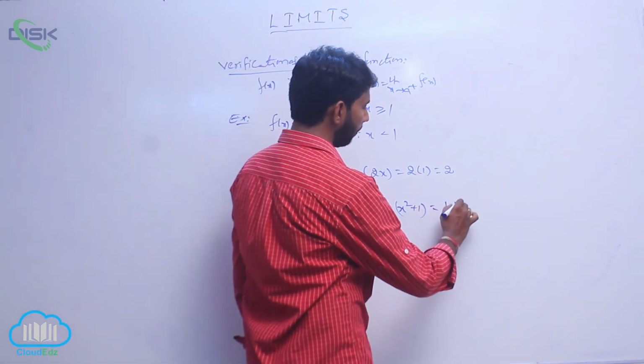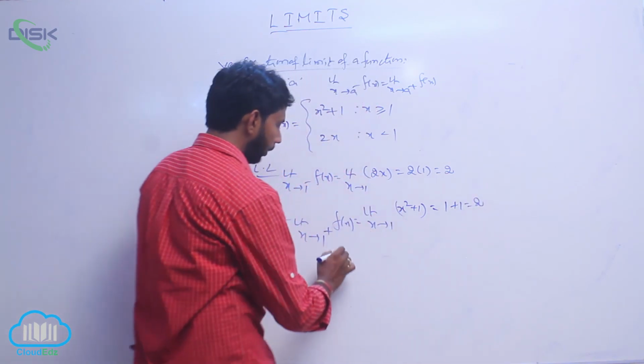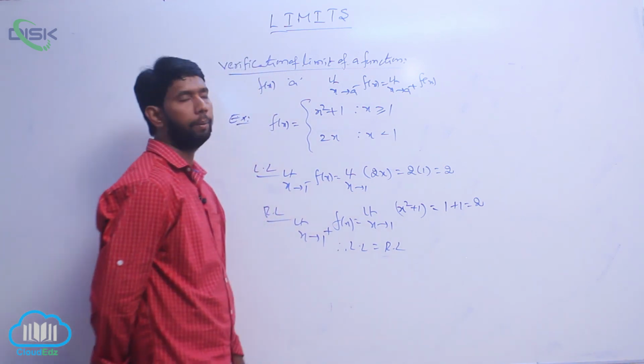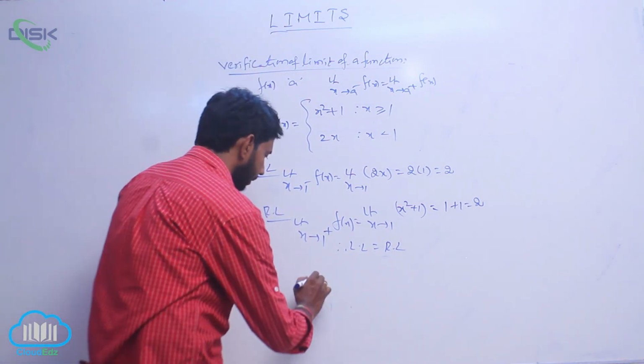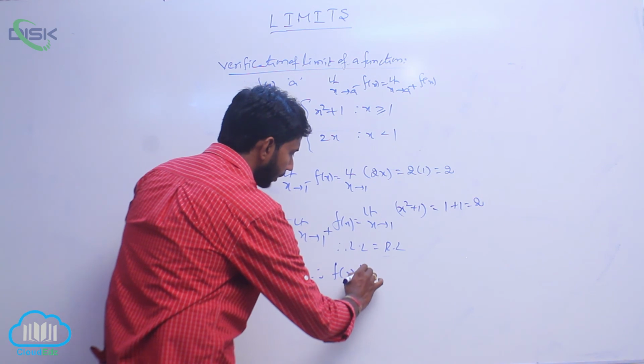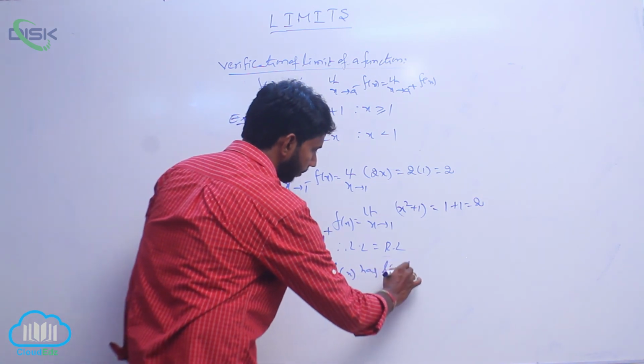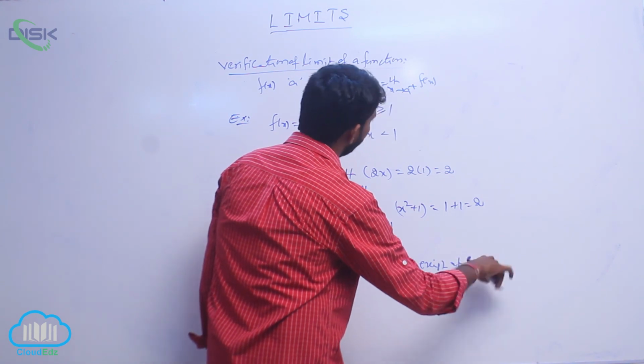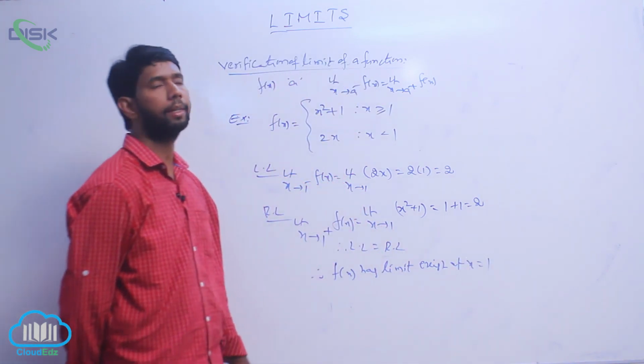Substitute the value, that is 1 plus 1, which is equal to 2. Therefore, the left limit is equal to the right limit, therefore the function has a limit. Therefore, f of x has a limit at x equal to 1.